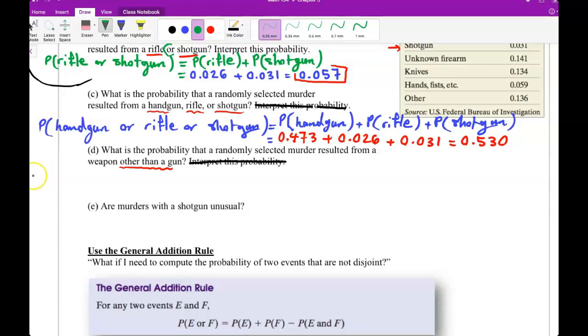How we can find that is: probability of other than gun is equal to 1 minus probability of gun was used.